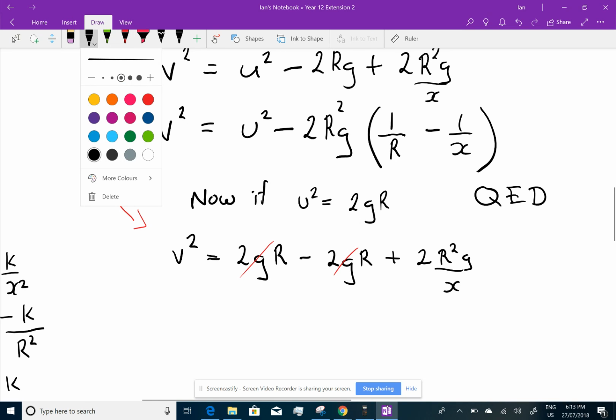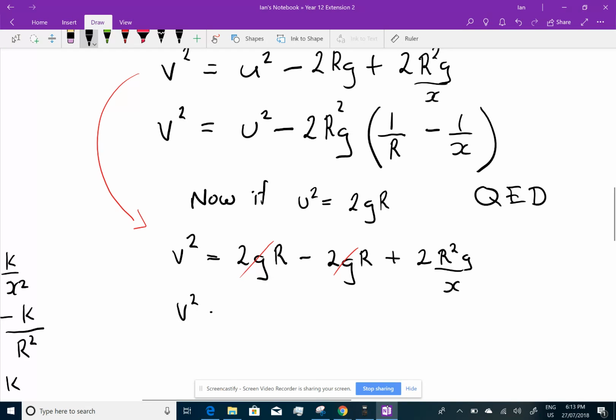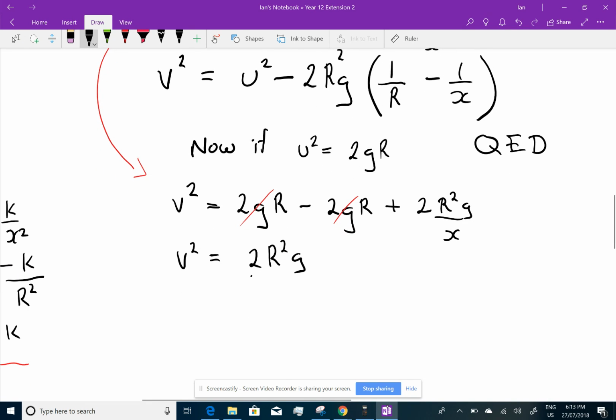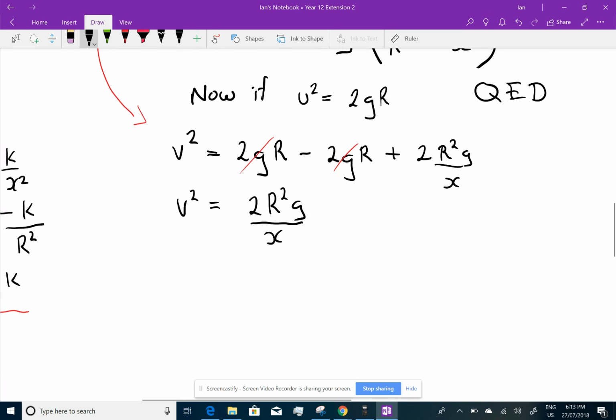So v squared equals 2r squared g on x. So therefore, v equals plus or minus, we'll take the r out, but the rest of it is going to be the square root of 2g on x.